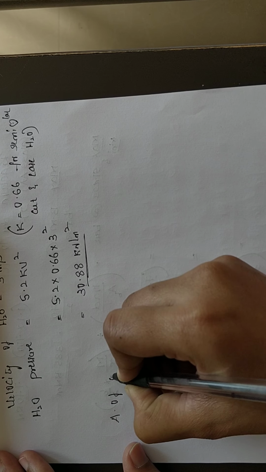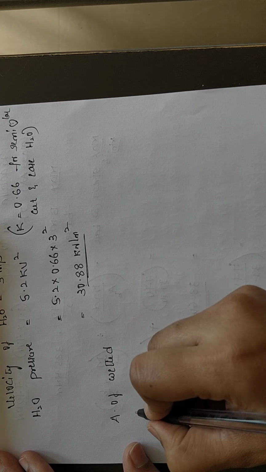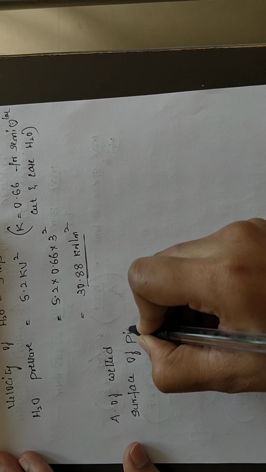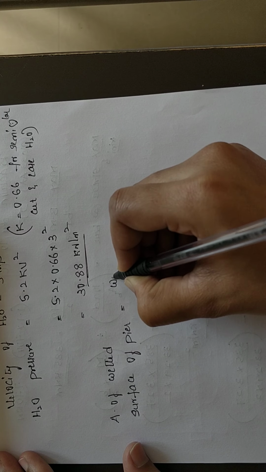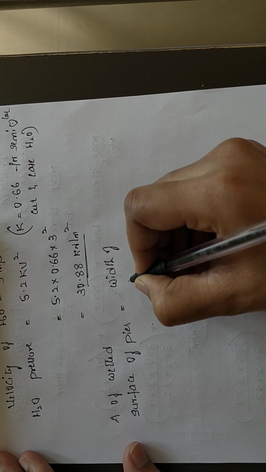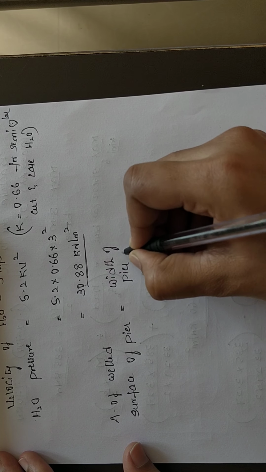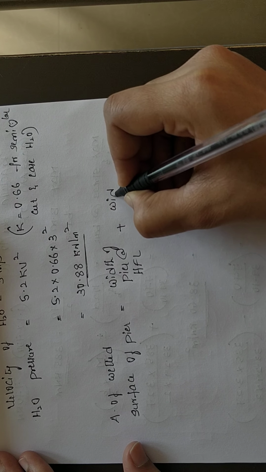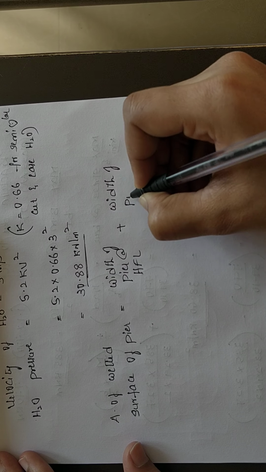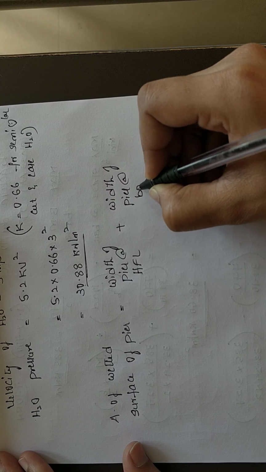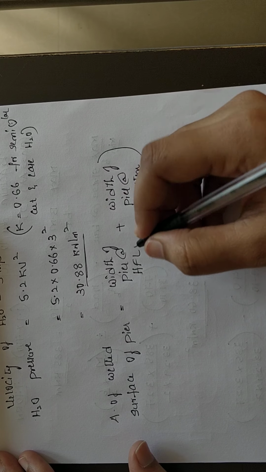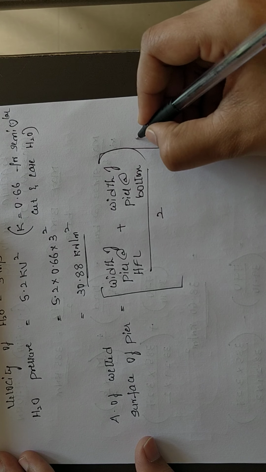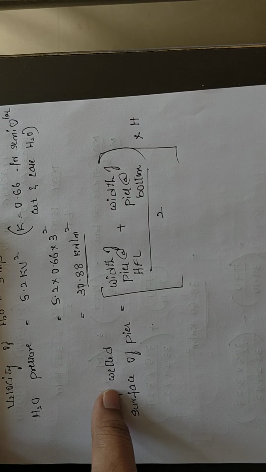Area of wetted surface of pier equals width of pier at HFL, that is high flood level, plus width of pier at the bottom, divided by 2 into height value.